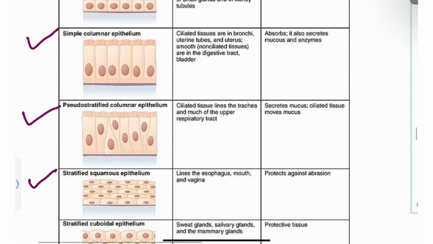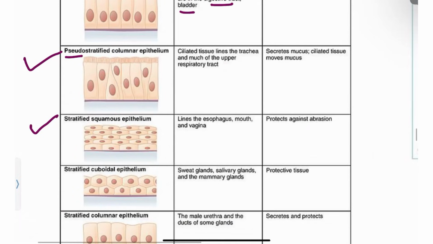Next, simple columnar epithelium, which can contain cilia. This is present in ciliated structures like bronchi, uterine tubes, uterus. These are the main ones, and also the digestive tract and bladder. Next, pseudostratified columnar epithelium is mostly present in the trachea and the upper respiratory structures like bronchi and branches.